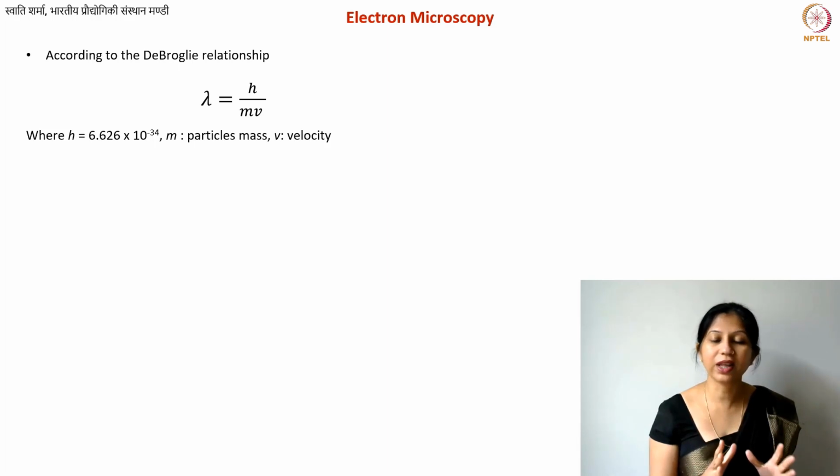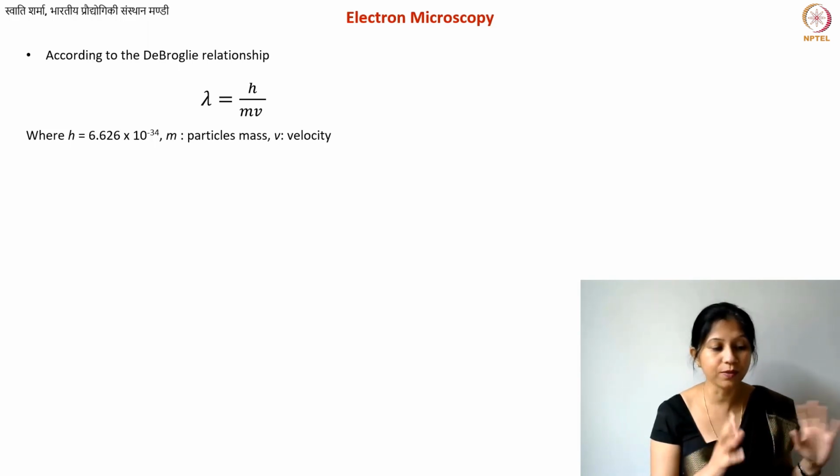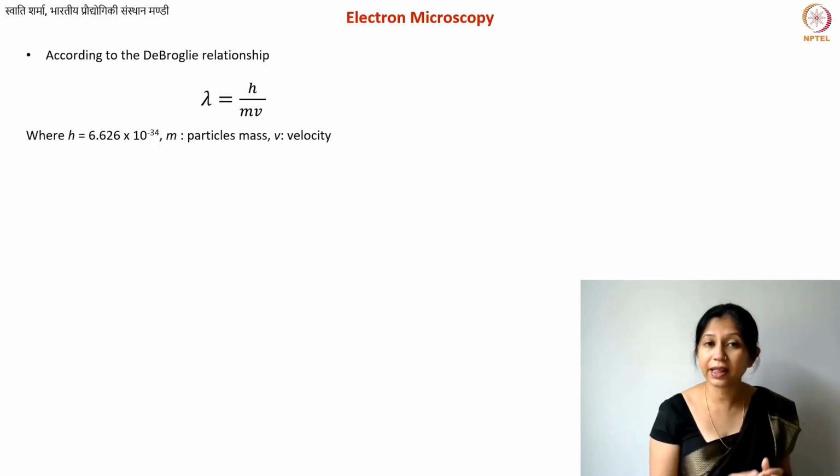However, there is one thing that definitely works for electrons, which is the de Broglie relationship. This relationship you definitely know: lambda equals h by mv, where h is Planck's constant, and m is the mass of your particle. Let's assume that electrons are particles. In that case, the mass of those particles is your m, and v is the velocity at which they are accelerated.